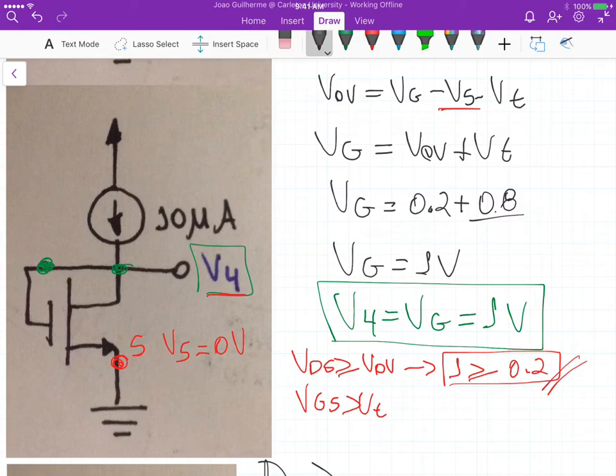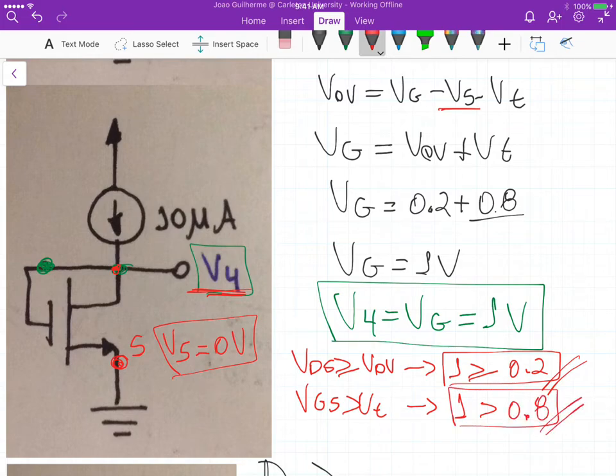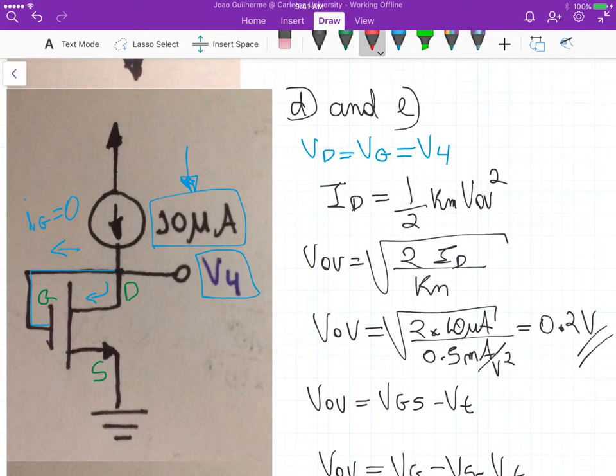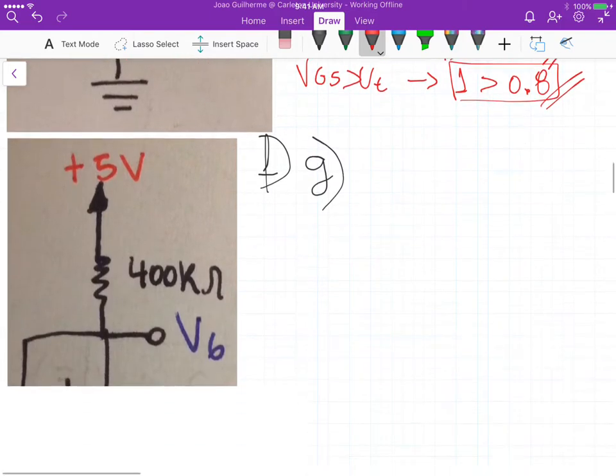And again, because the voltage at the source is 0 volts, we just have to verify if VG is greater than VT. And actually, again, because it's shorted up here, VG is actually V4, so 1 is greater than 0.8. So both conditions are satisfied, and this assumption of saturation condition that allows us to use this equation here, okay, it's valid, okay? So let's go for F and G.